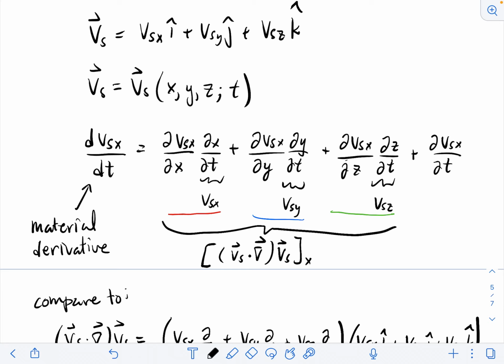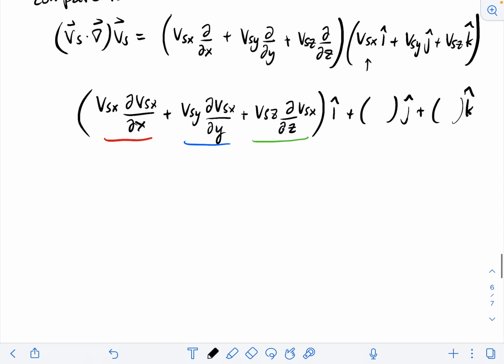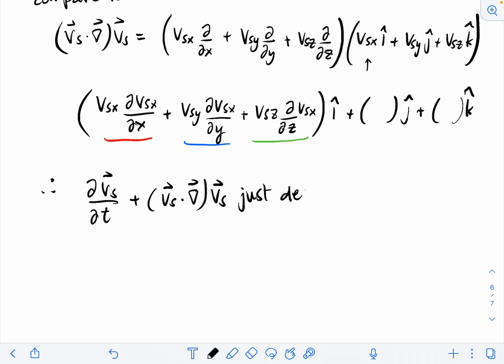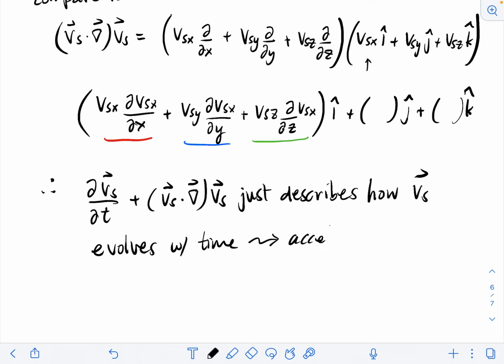Okay, and so that means that therefore this dVs dt plus Vs dot del acting on Vs just describes how Vs evolves with time. And so that's just a long-winded way of saying that it describes the acceleration of the superfluid.